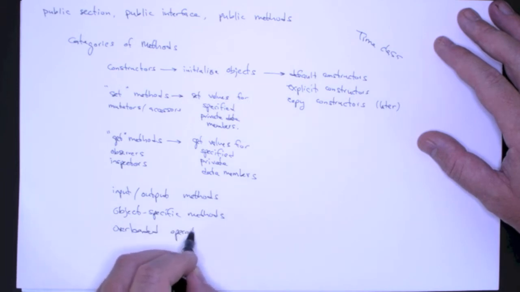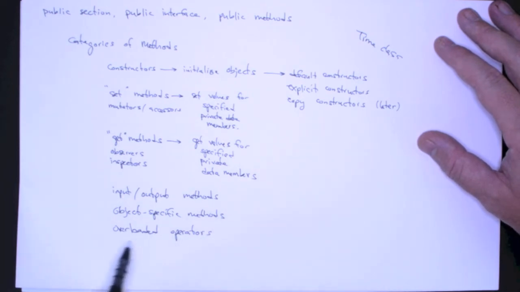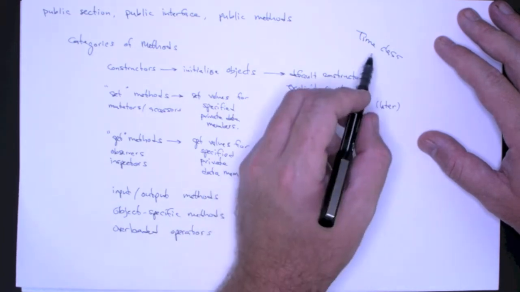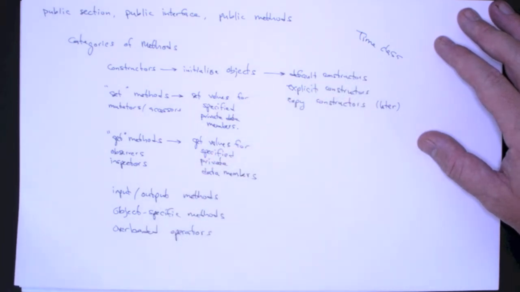We can overload operators in C++. We'll get into this a little later, but let's say that we want to add time. I want to add one time to another time object. And I can implement a method called add, but I can also overload the addition operator in C++.